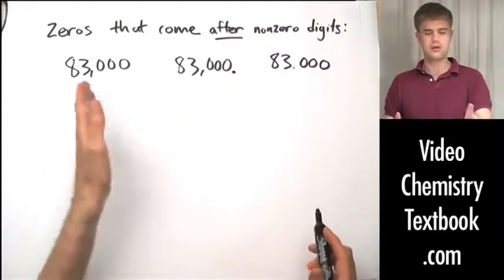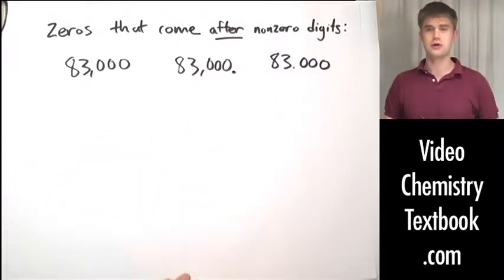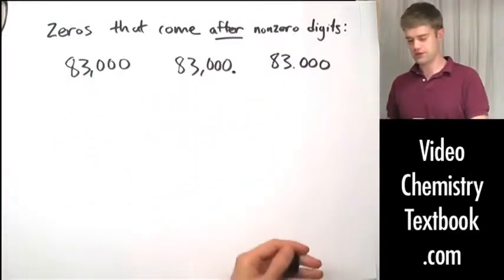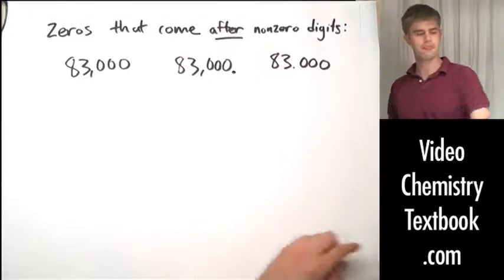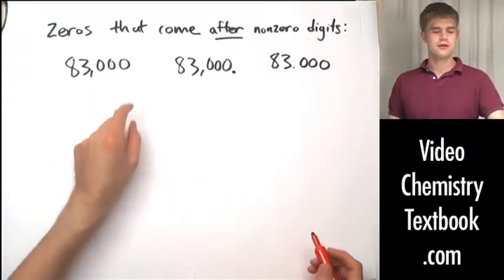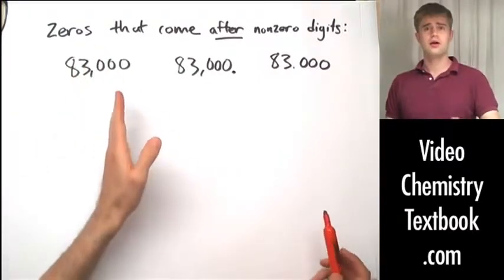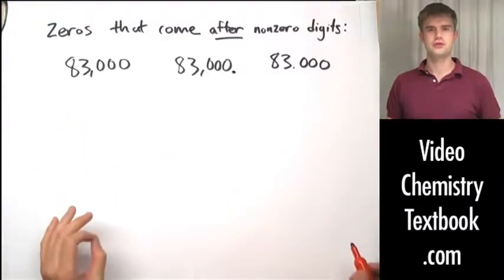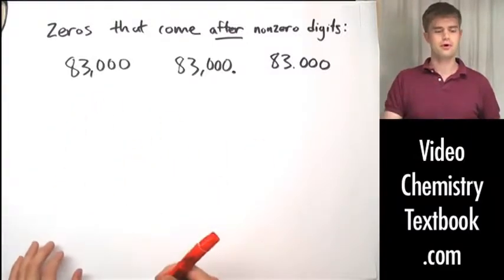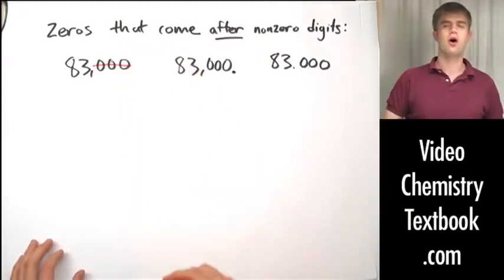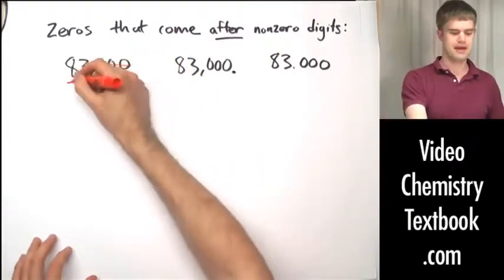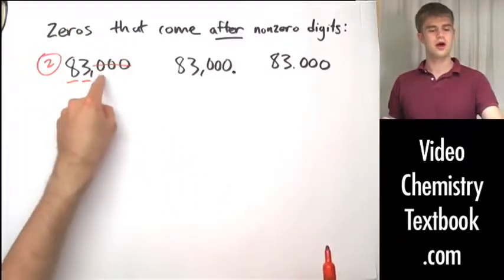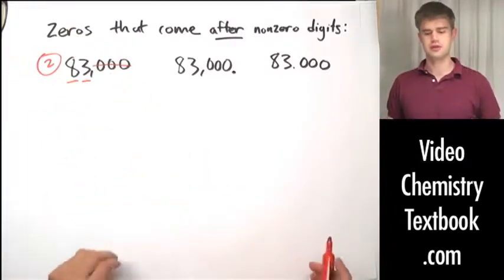They all have 8, 3, and 3 zeros, but we apply different rules to each of them. If we have zeros that come after non-zero numbers, and there is no decimal place in that number, the zeros are not significant. 8 and 3 gives us 2 total here. The other 3 zeros are not significant.